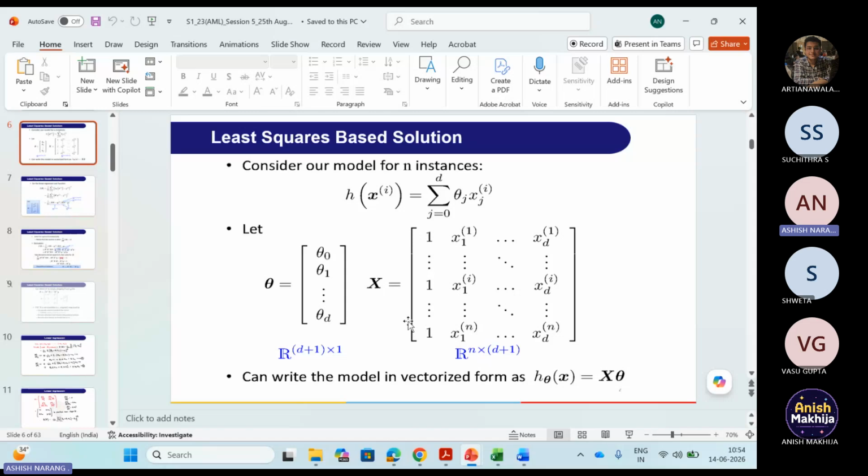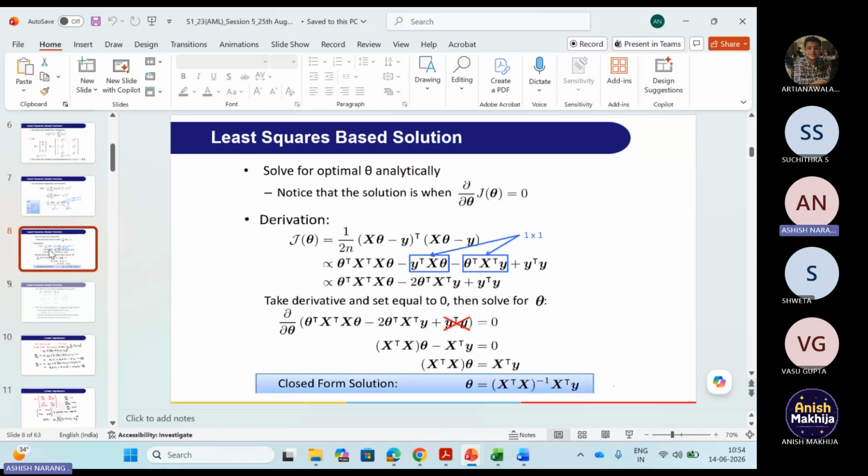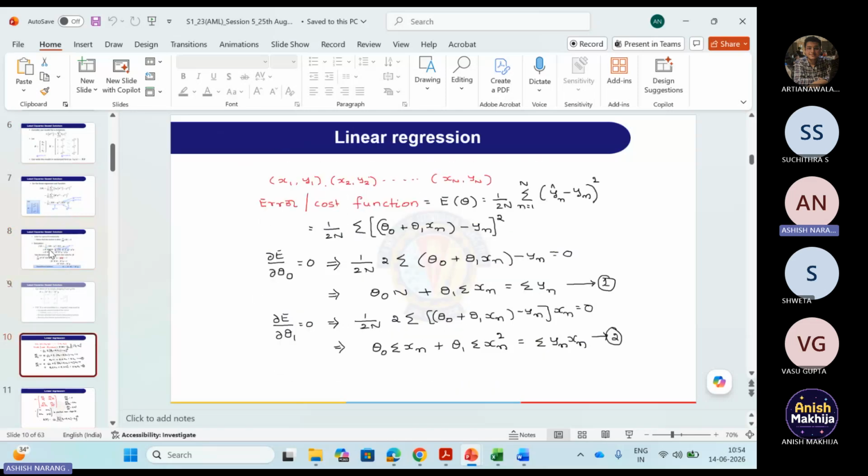From an exam perspective, I'll not give you a very comprehensive problem where you have to find multiple thetas. Maybe a simple linear regression problem may come, right?